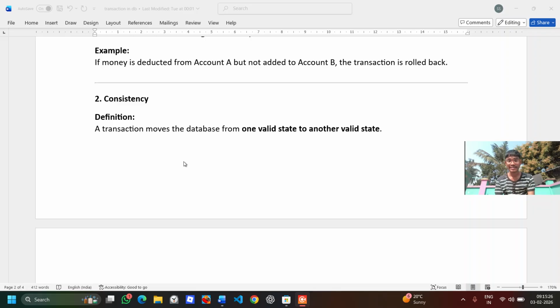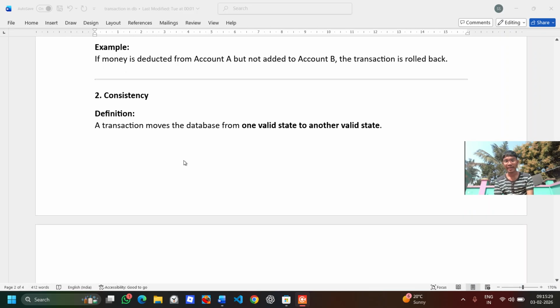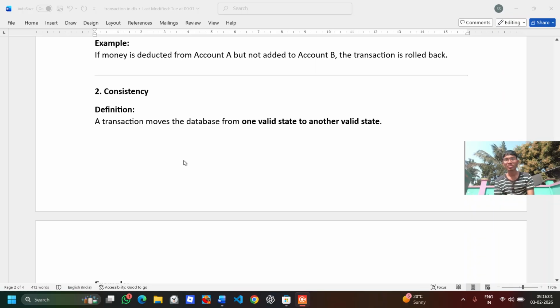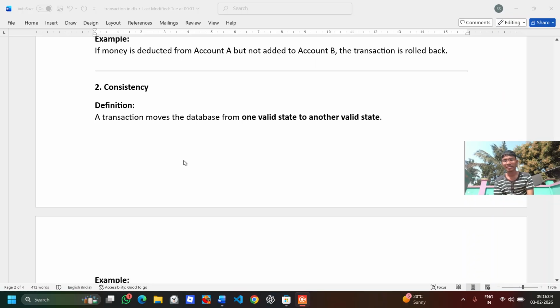Suppose account A had 10,000 rupees and 5,000 is deducted, and account B has 10,000 rupees and 5,000 rupees is added. The total is 20,000 rupees, adding both account balances. After transferring the money, the total balance of the previous state equals the total balance of the current state.